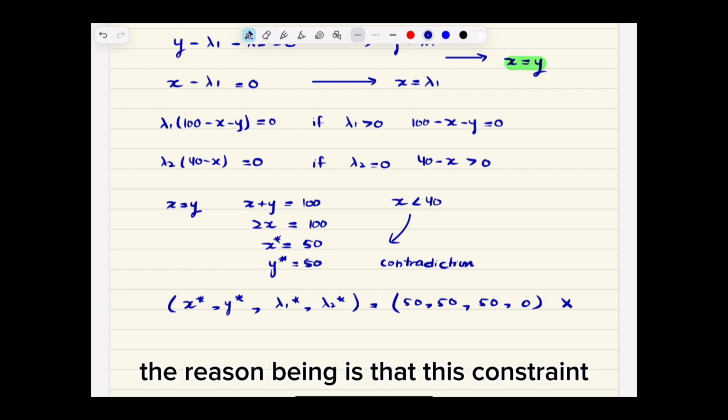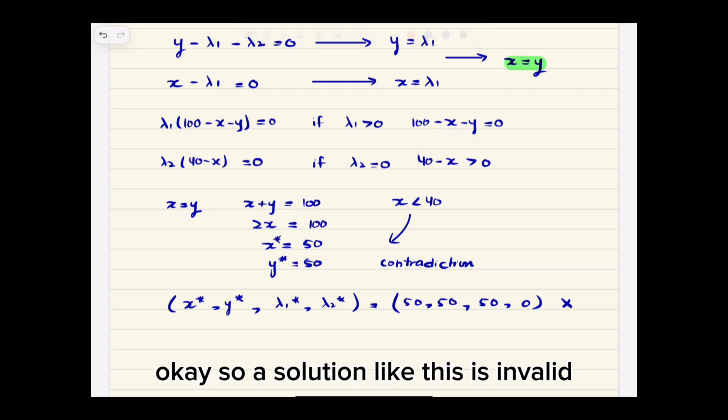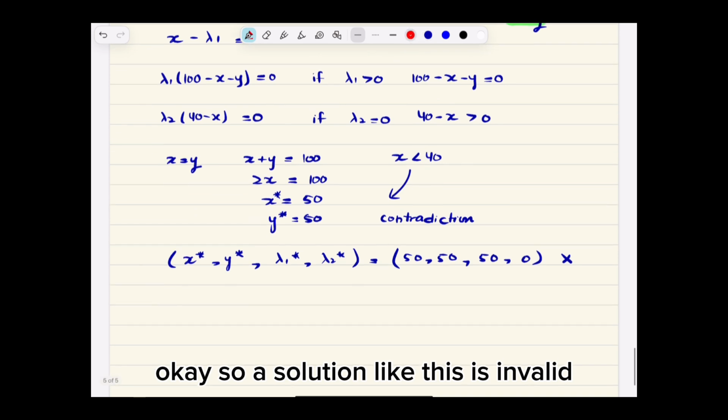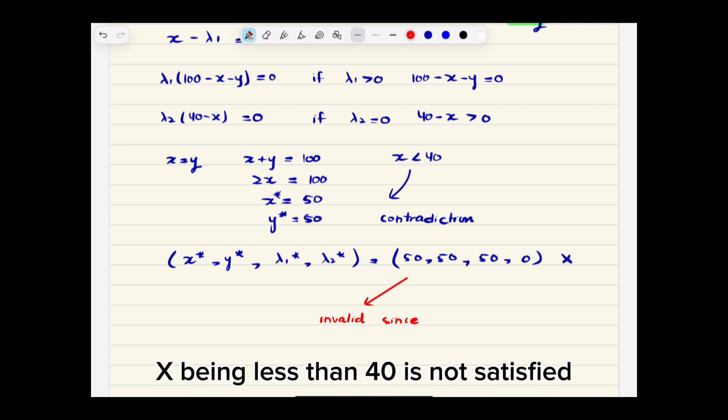The reason is that this constraint is not being met. So a solution like this is invalid since x being less than 40 is not satisfied.